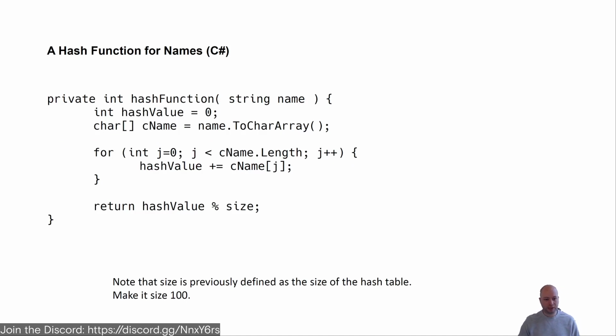So here's a very simple hash function, but this is pretty representative of most hash functions. It's pretty common to do this on strings. As you can hear, strings are probably the most common type of data that we're hashing.